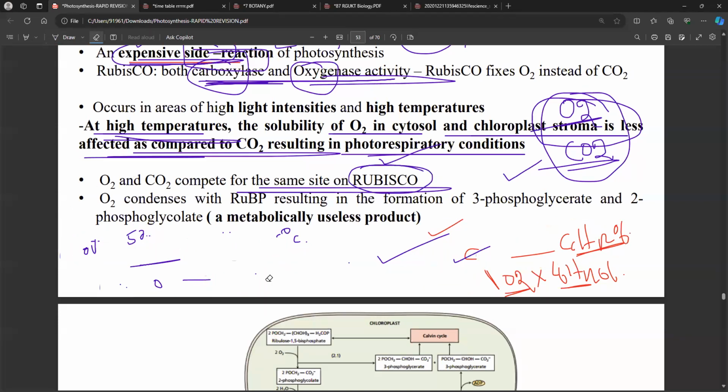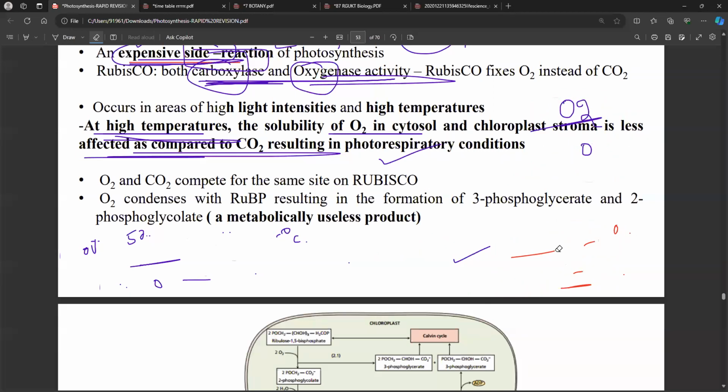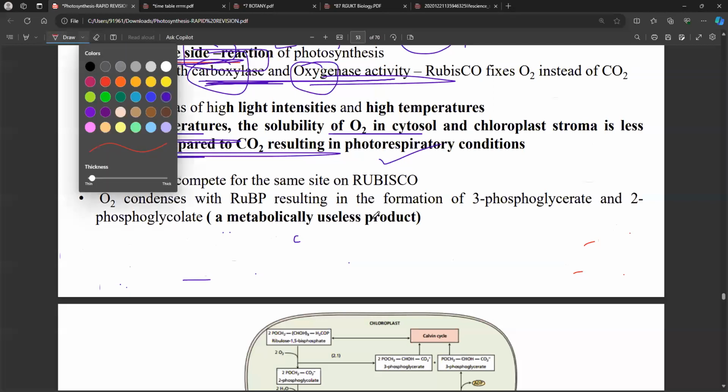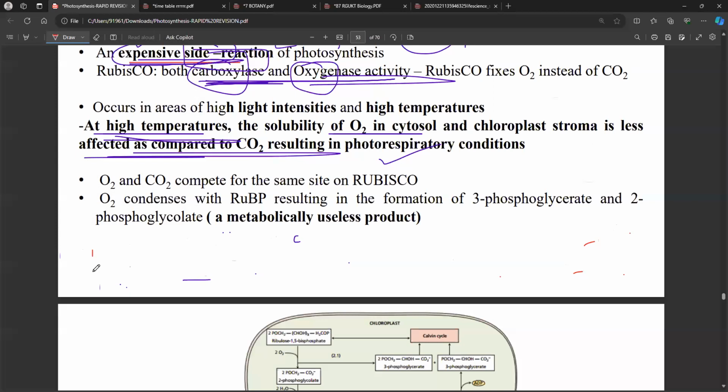Now all the students keep on answering my questions. This is a very important statement. If you understand this, the pathway is very clear. Okay, the people who are attending for the first time may feel a little difficulty if you have never read the concept. Now listen. First, RuBP, which is a 5 carbon compound, combines with one carbon dioxide from the atmosphere in the presence of the enzyme Rubisco.